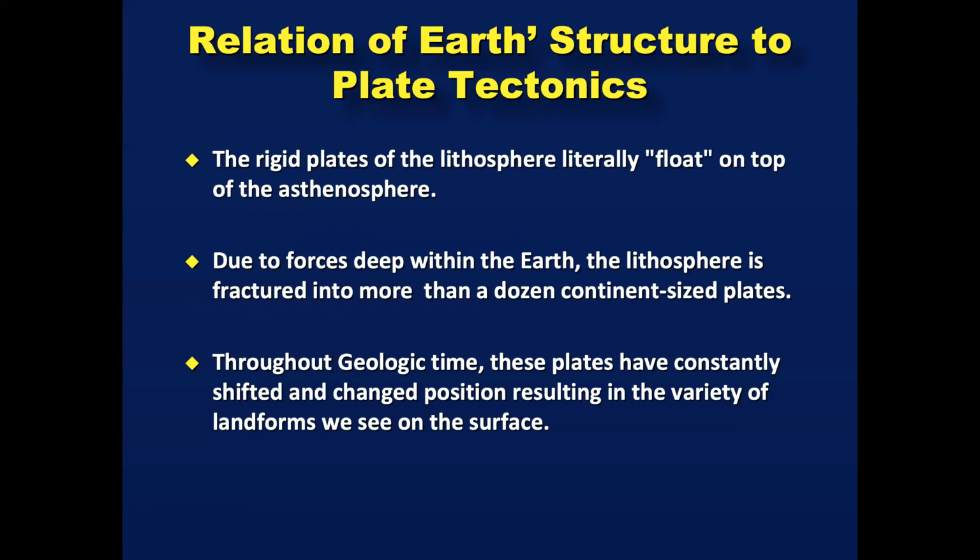We'll talk about the relation of the Earth's structure to plate tectonics and how these plates are basically floating on top of the more molten material underneath. And over geologic time, these have moved and shifted with respect to one another, forming the landforms that we know of today, like the Rockies and the Andes Mountains in South America, and the Himalayas between Eurasia and India.